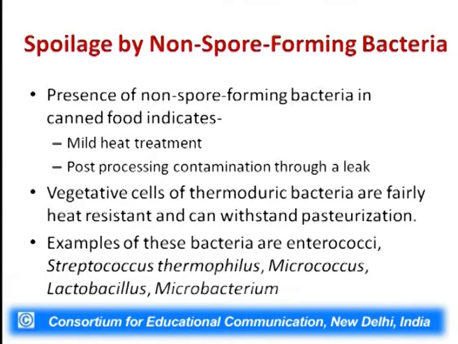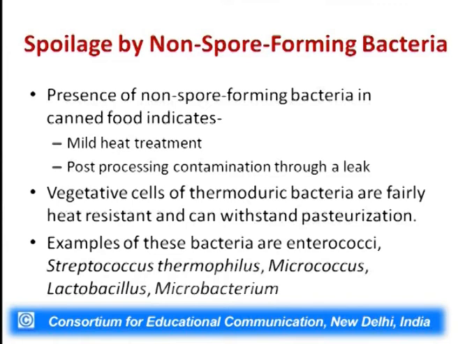Apart from spore formers, spoilage of food is also caused by non-spore-forming bacteria. The presence of non-spore-forming bacteria in canned foods indicates either the mild heat treatment or post-processing contamination through a leak.